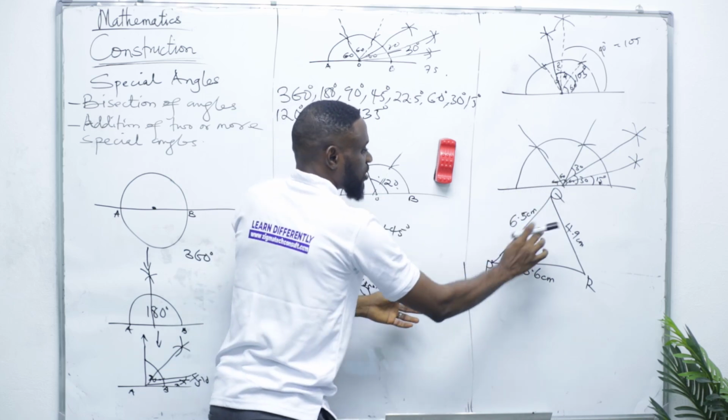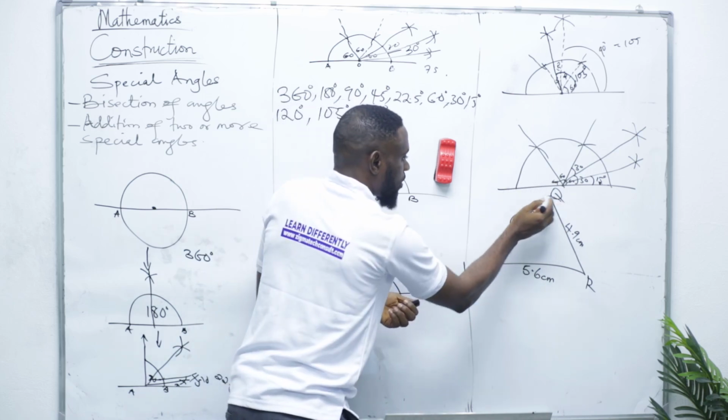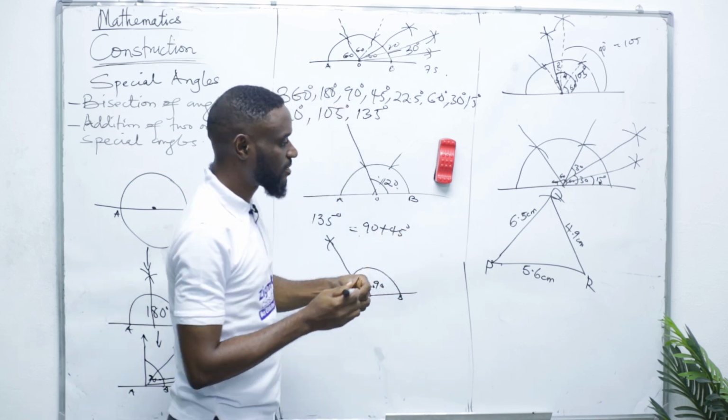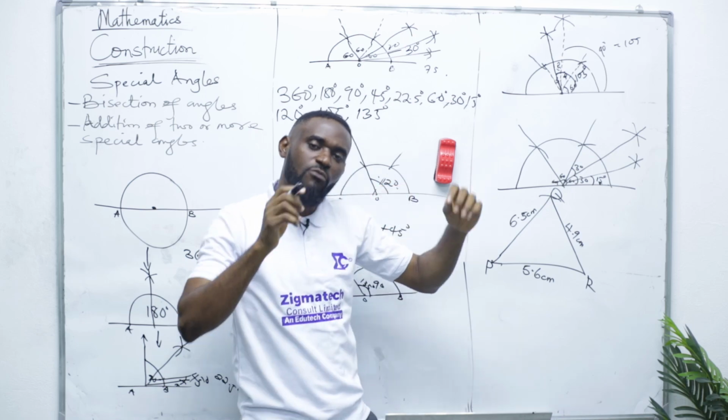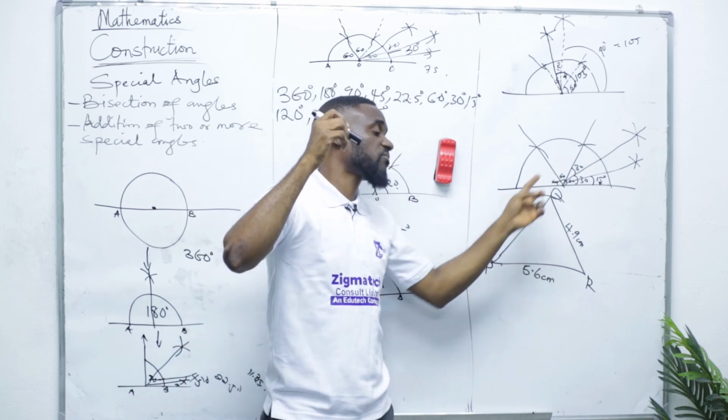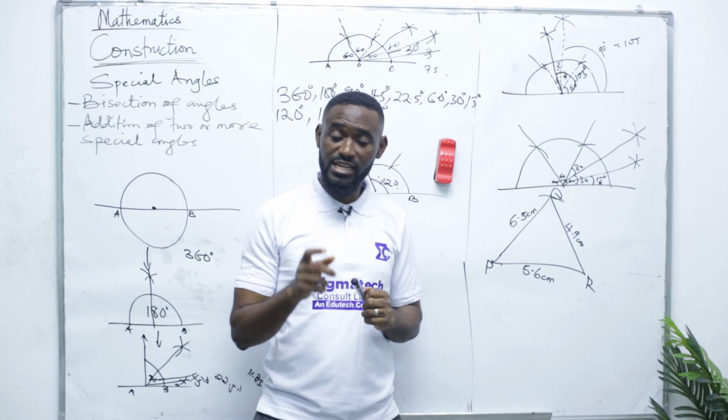From here to this arc, the person used a radius of 6.5 cm. Do you get that?